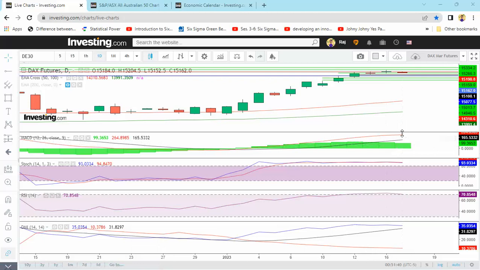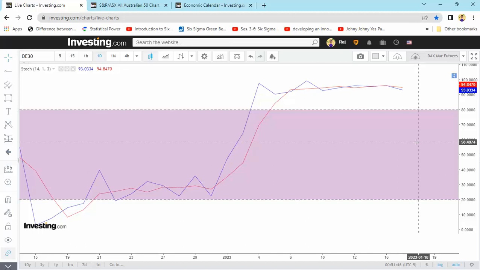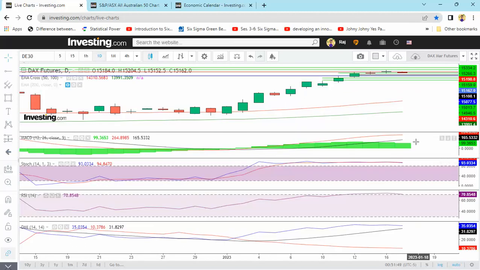That's what it is indicating. And the stochastic is also looking downwards. It's already overbought again, and RSI is looking downwards on the daily chart, but the directional movement is still on this side.